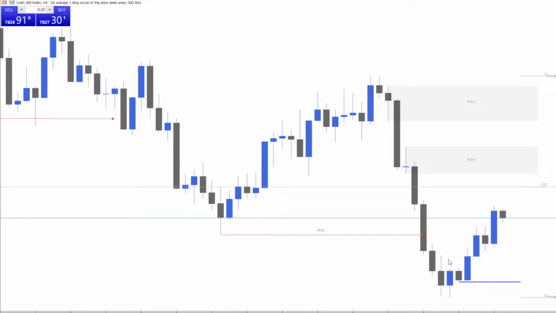So having known our direction and where we are waiting for price to react from, I'm going to fall back to a lower time frame. Why am I falling back to a lower time frame?